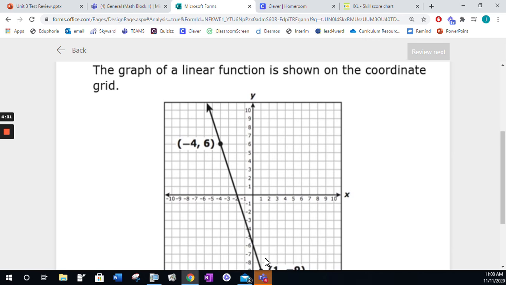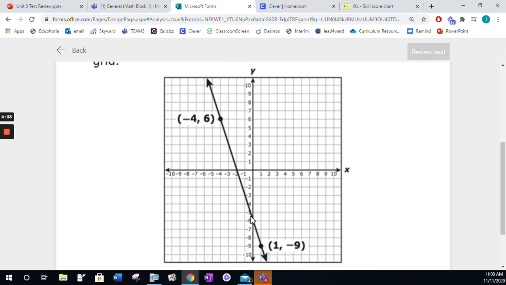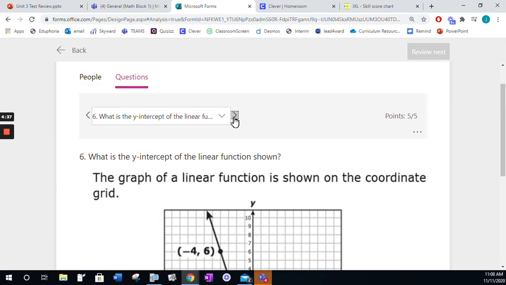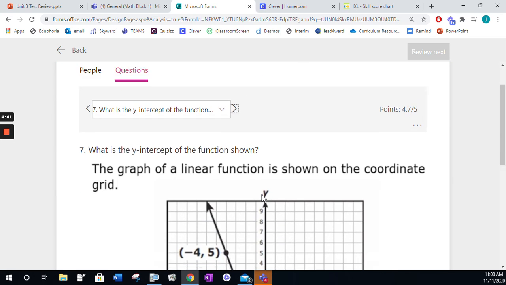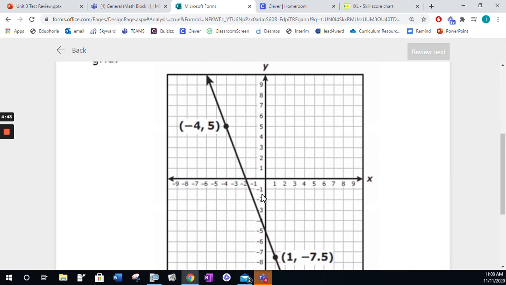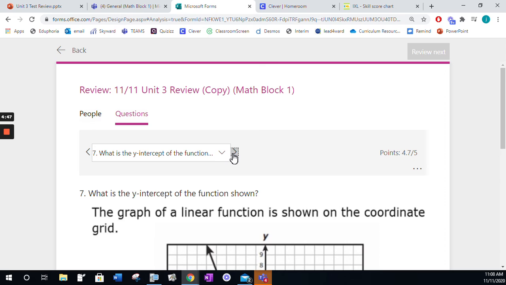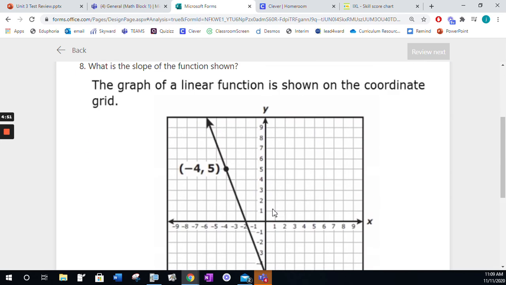Y-intercept: here's where you can just look and see where it crosses the y-axis, at -5. Or you could also do stat edit. So the y-intercept of this is -5, where it crosses the y-axis. For the slope, put your 2 points in, stat edit.